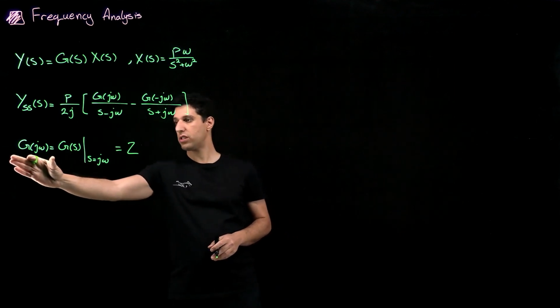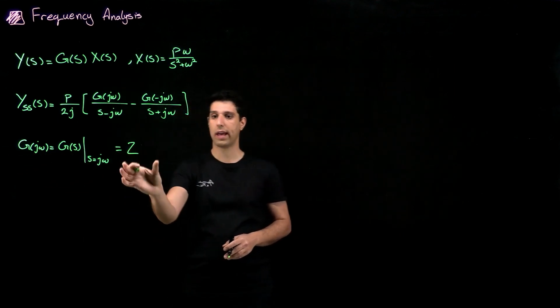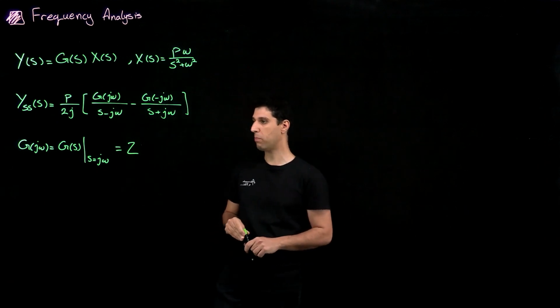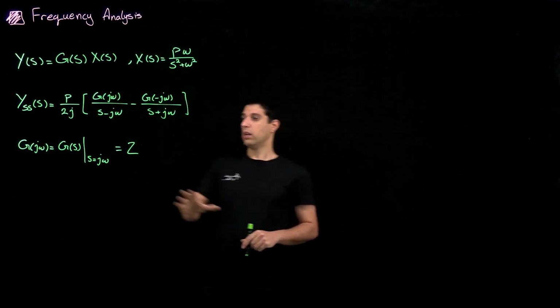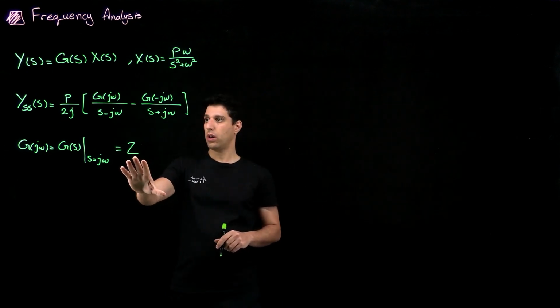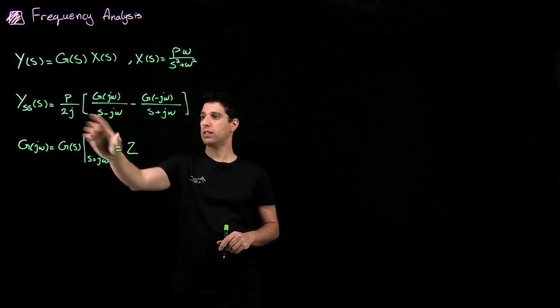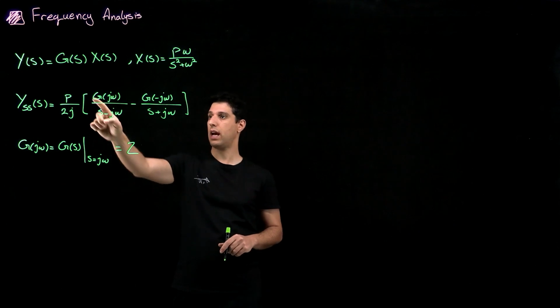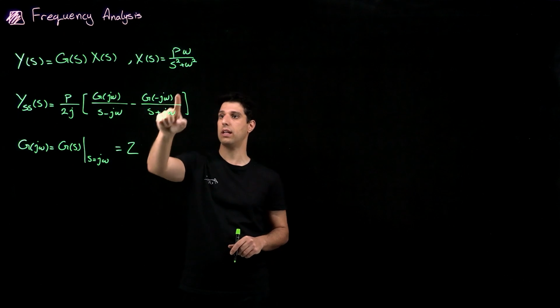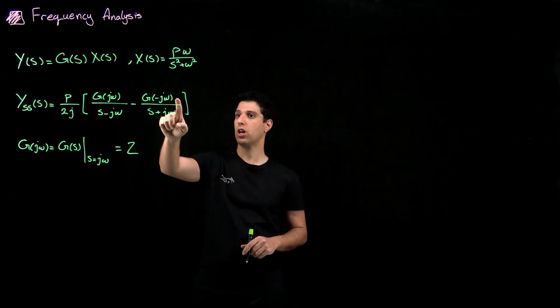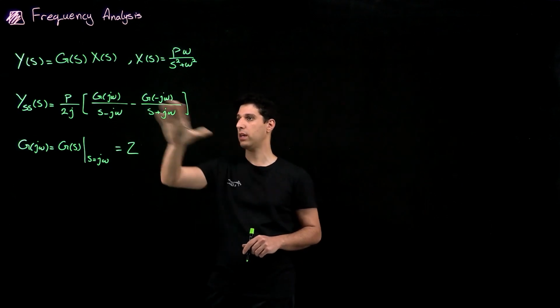Remember that G of j omega is just a constant complex number that is dependent on omega. So now I have this complex number, some z, and this one is the complex conjugate of the same number.